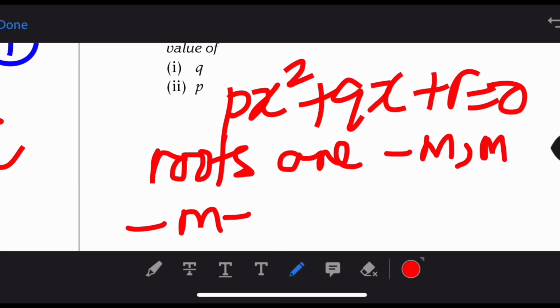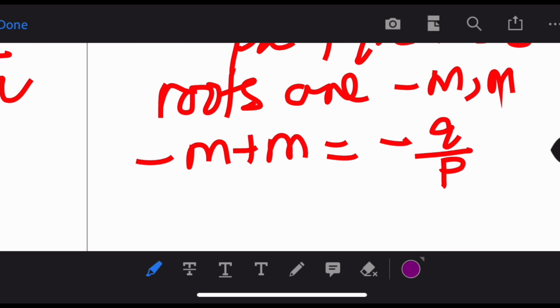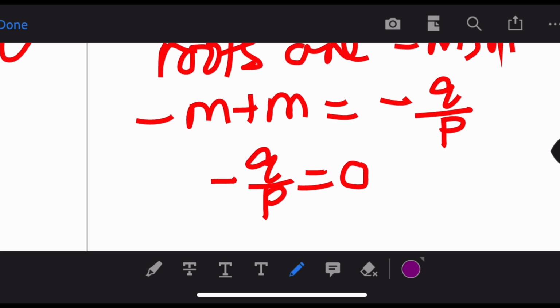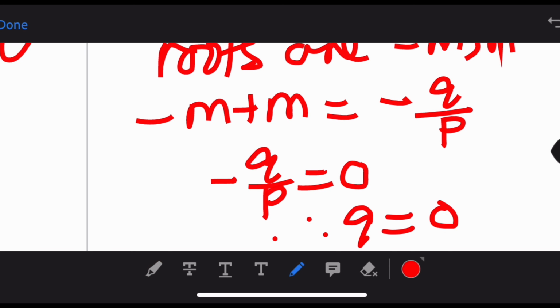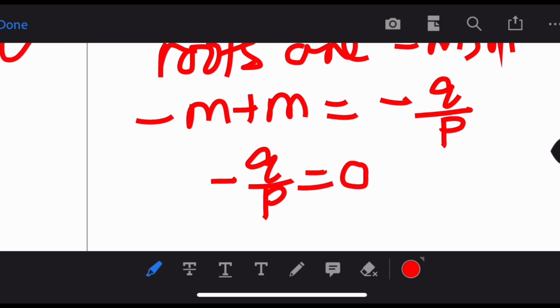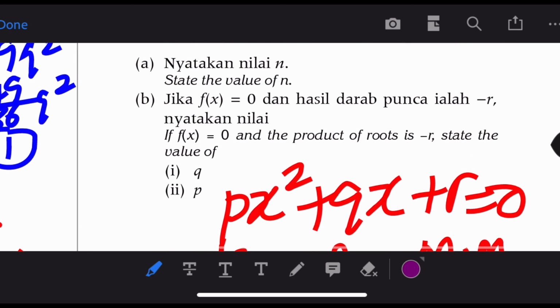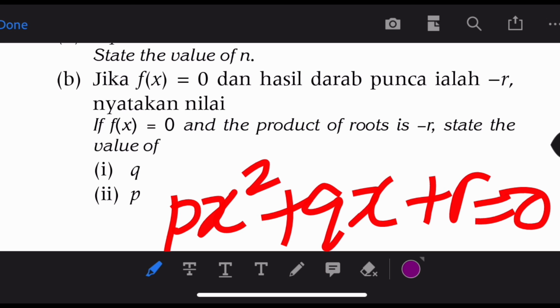So take the two roots and add: negative b over a. So we can say that negative q over p equals 0. Hence, q must be 0, because 0 divided by anything gives 0. So the question is asking to find the value of q. Q is 0.